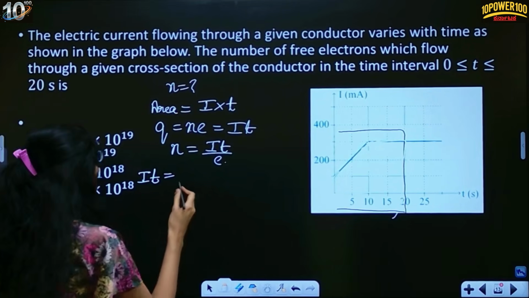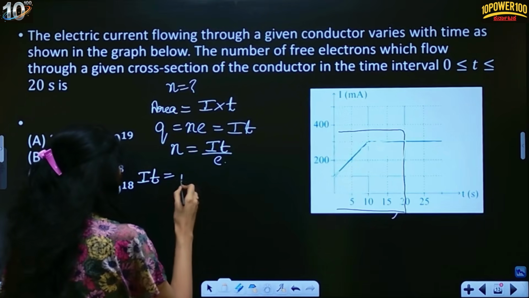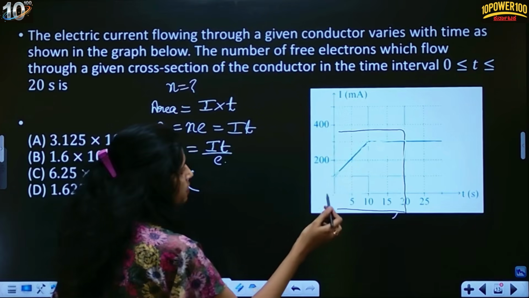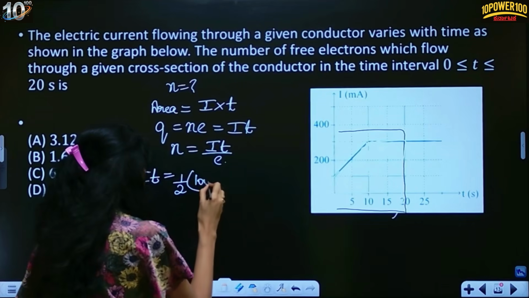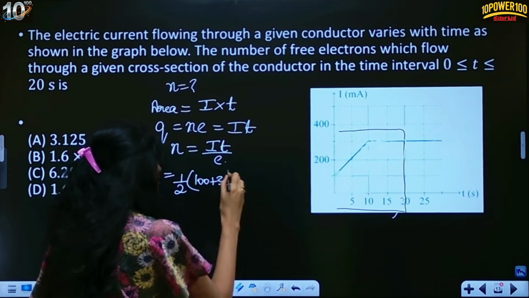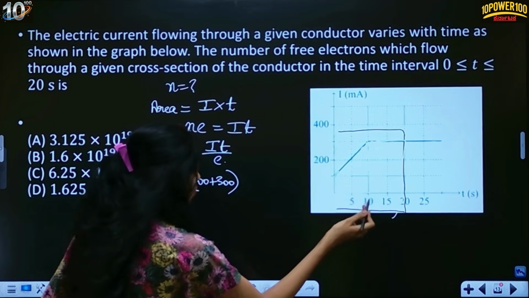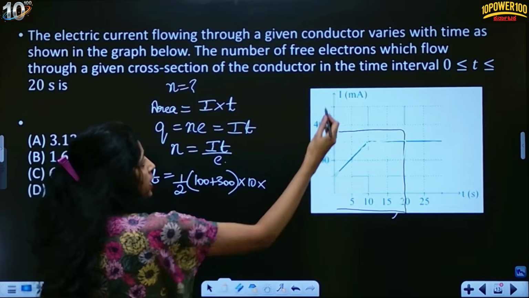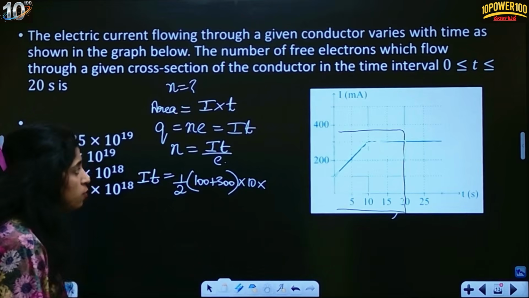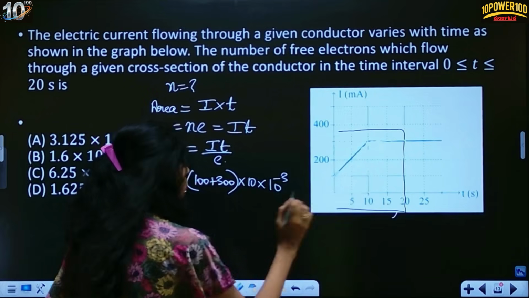Take the area of trapezium formula: half of the sum of two sides. What are the two sides? 100 and 300. So 100 plus 300 multiplied by the height, which is connecting this side. So 0 to 10, it is nothing but 10. And don't forget to take milliamps because current is in milliamps. So let me take that as 10 power minus 3. So this is the area of the trapezium.